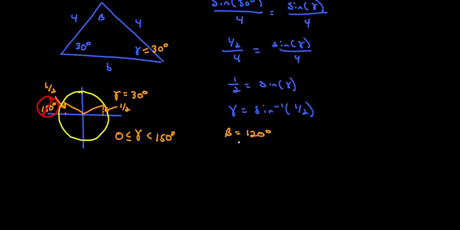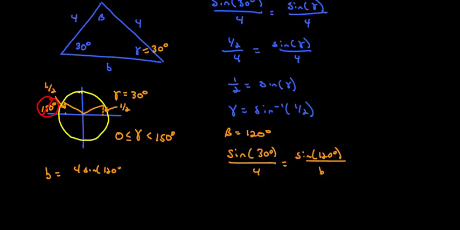And if beta is 120, then we can figure out what B is by taking the following. The sine of 30 over 4 is equal to the sine of 120 over B. So B will be equal to 4 times the sine of 120 over the sine of 30.